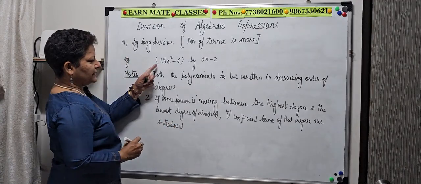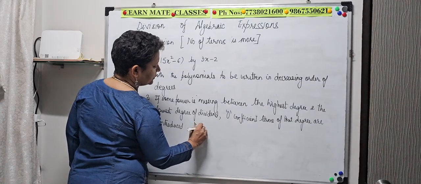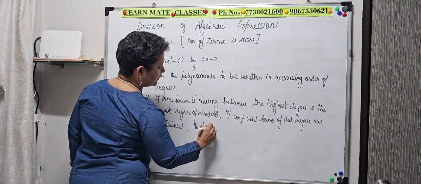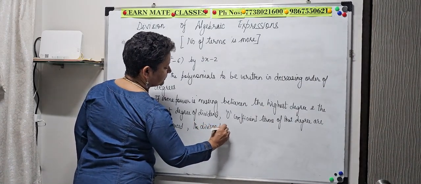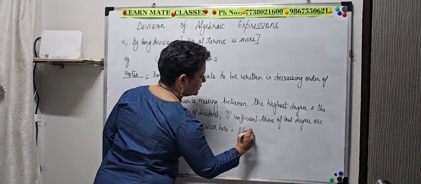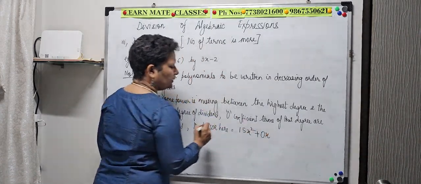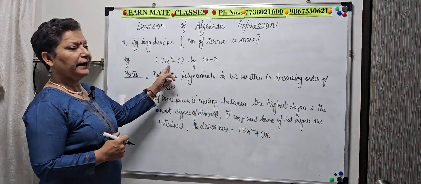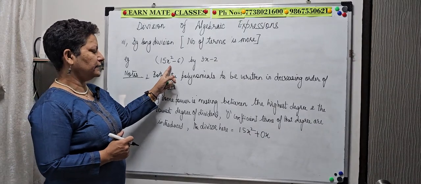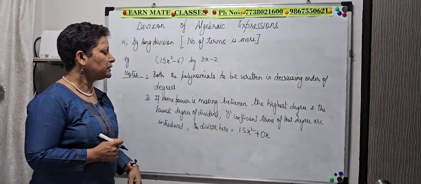So, in this example, the divisor then would be 15x squared plus 0x, because I did not have an x term in my divisor. I needed to put a 0 coefficient term of the degree which was missing.